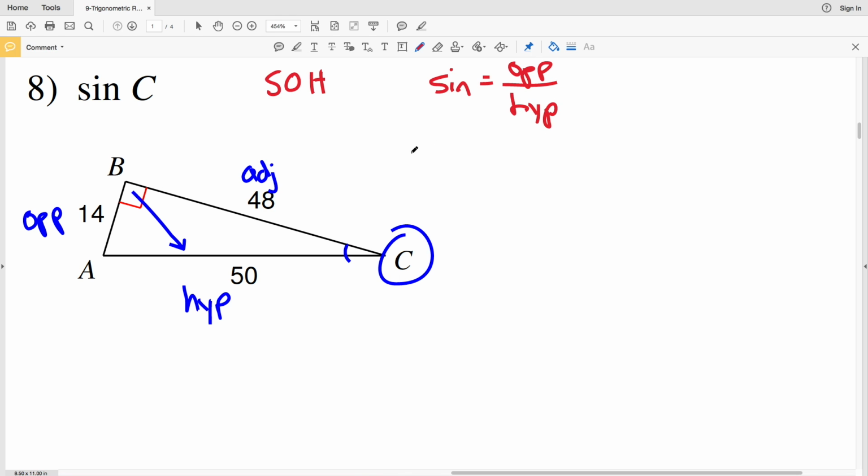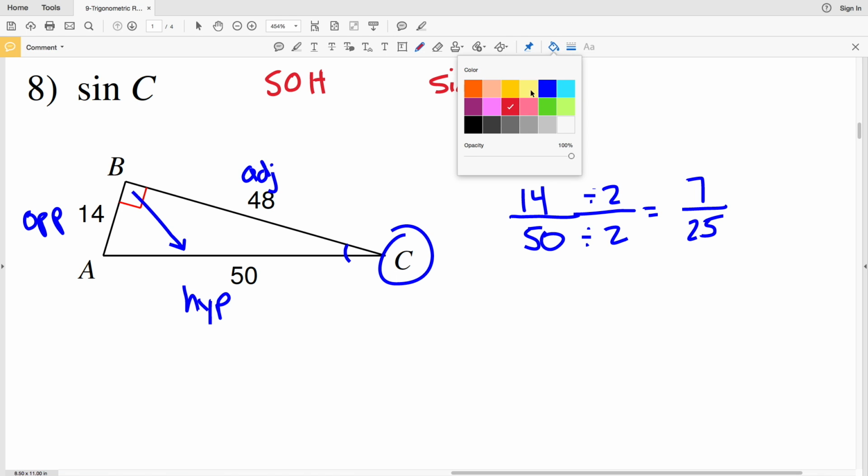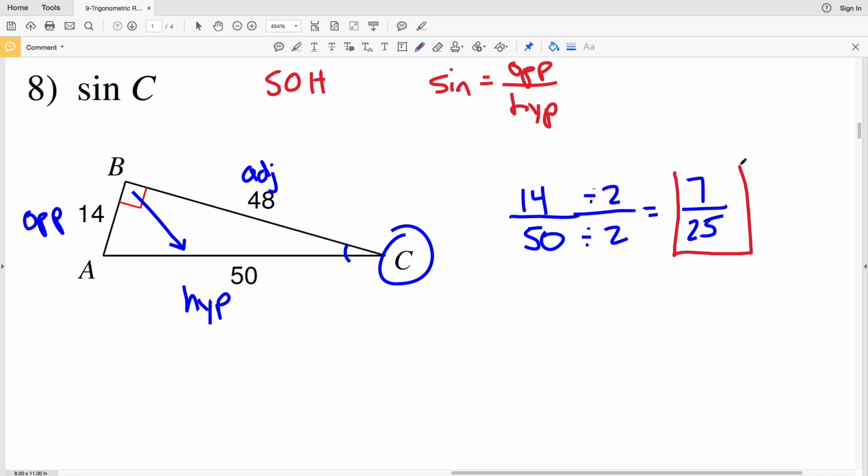And we already labeled opposite and hypotenuse within our diagram. Opposite is 14 over the hypotenuse, which is equal to 50. Now I can divide both of these by 2. 14 divided by 2 is 7, and 50 divided by 2 is 25. So my solution in number 8 for the sine of C, we have 7/25.